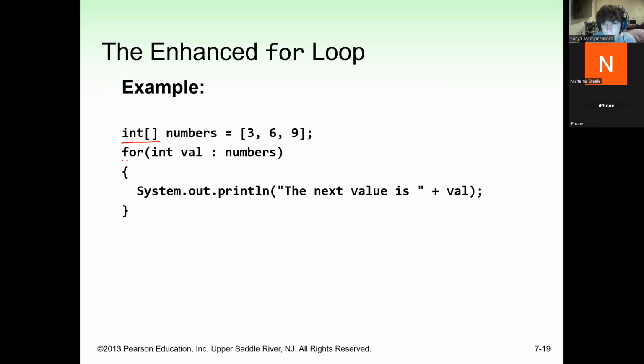You would put the keyword for, then you would open your parentheses, then you would put an integer value, some sort of value that will loop through your array, and then you would put the array that you want to loop through. In this case, it's numbers, and all this loop is going to do is print all of these values in our array. So it's going to print the next value is 3, then the next value is 6, then the next value is 9.